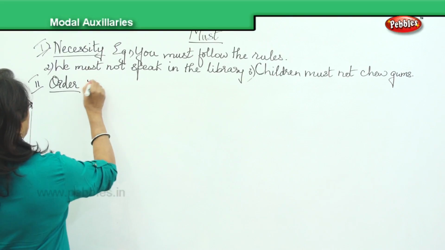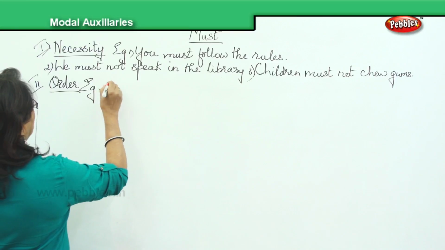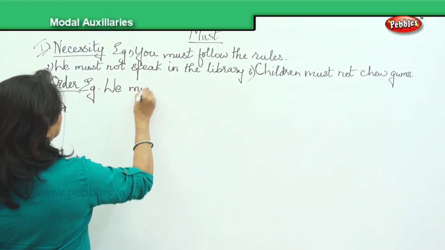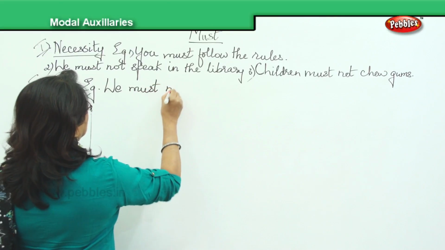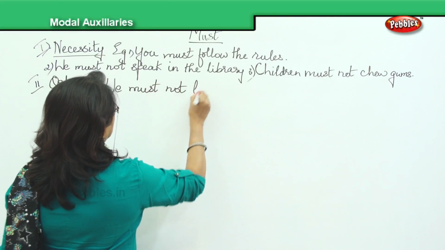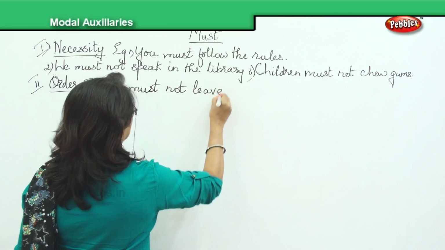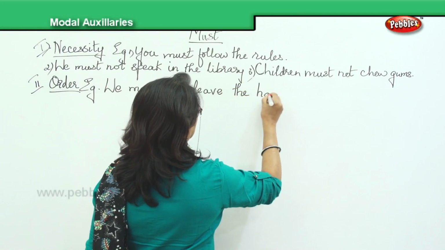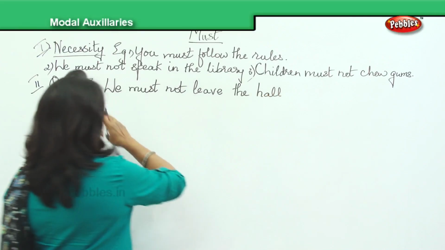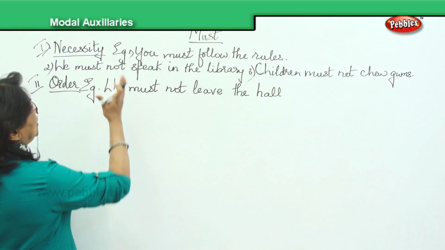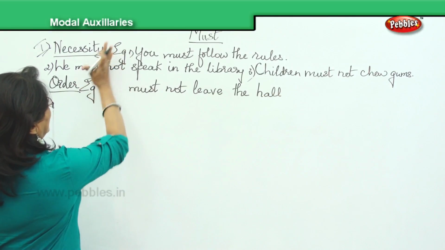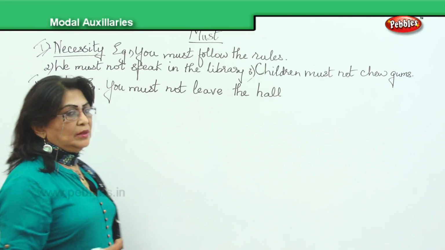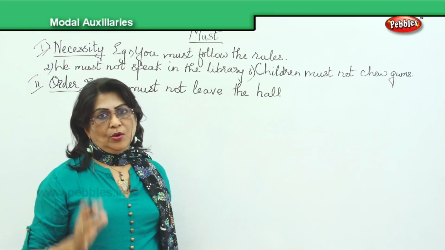We just give, for example, we say, we must not leave the hall. Or you can even say, you must not leave the hall, anything. Okay? You must not leave the hall. So, this is an order.